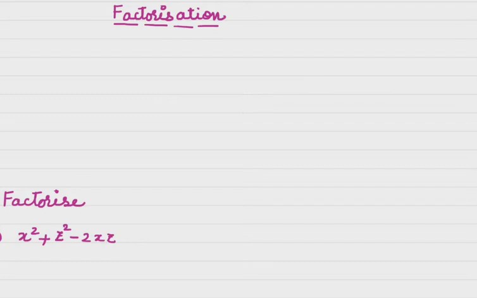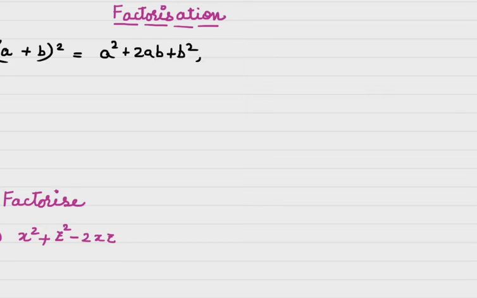What is factorization? Children, before moving forward with this topic, first let us recapitulate what identities we have learned earlier. The first identity we have learned was (a plus b) whole square equal to a square plus 2ab plus b square.